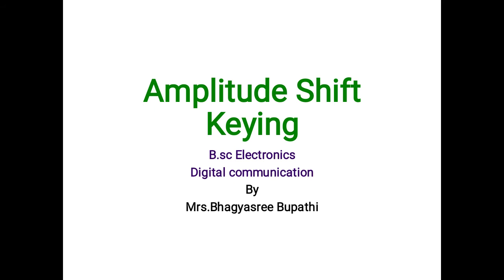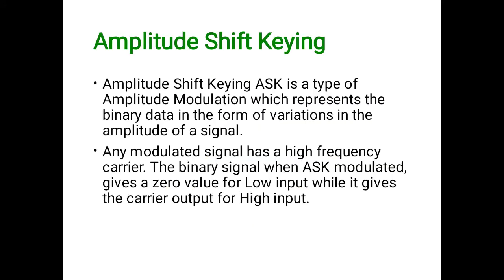Now coming to amplitude shift keying. Amplitude shift keying is also called ASK, and it is a type of amplitude modulation which represents binary data in the form of variations in amplitude of a signal.